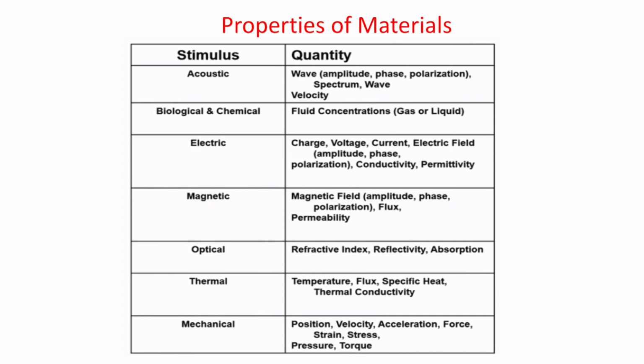If it is optical, then it can respond to the refractive index, etc. If it is thermal, then it can respond to temperature, specific heat, etc. If it is responding to a mechanical property, then it can be position, force, pressure, or torque.